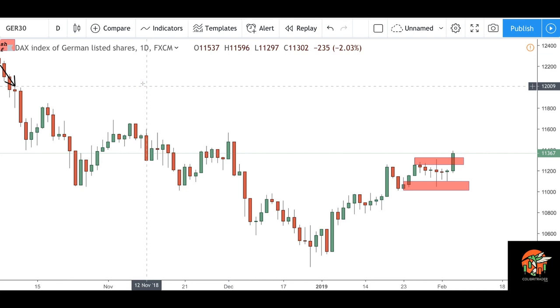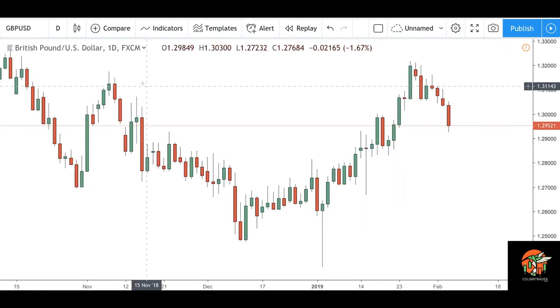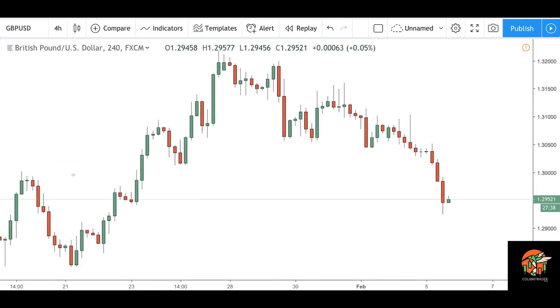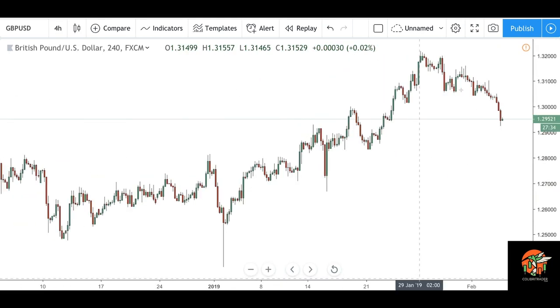What else I was looking at today is the British pound versus the US dollar. We saw a bit of selling pressure today, and I've been watching this pair for quite some time now.